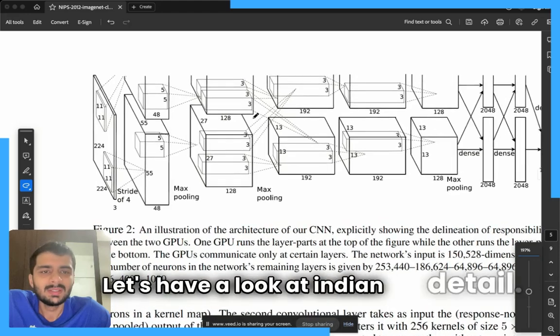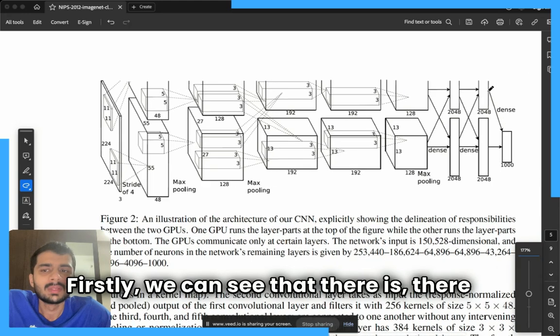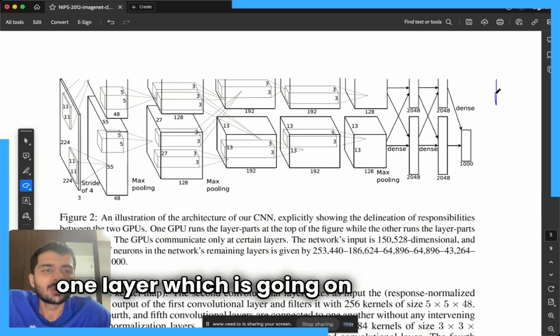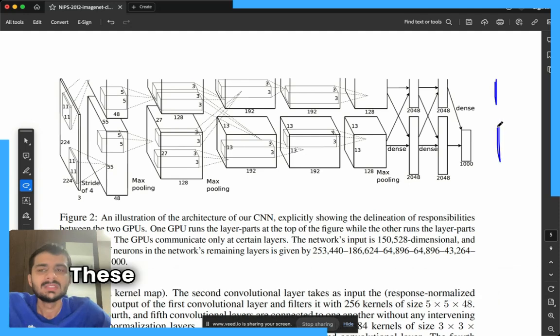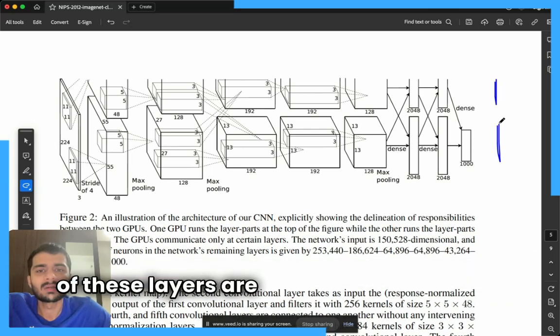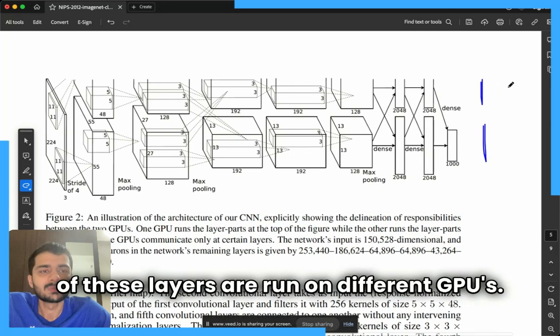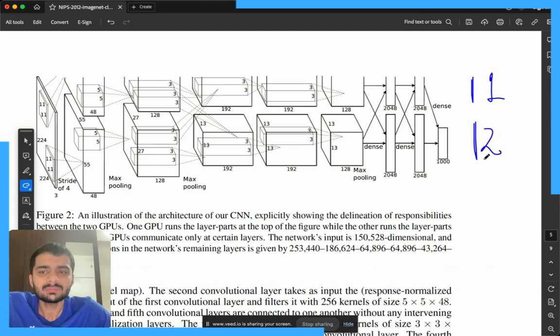Let's have a look at it in detail. Firstly, we can see that there is one layer which is going on top, and there is one layer which is going on bottom. These are exactly the same layers, and both of these layers are run on different GPUs. So this is run on, let's say, GPU number one, and this is run on GPU number two.